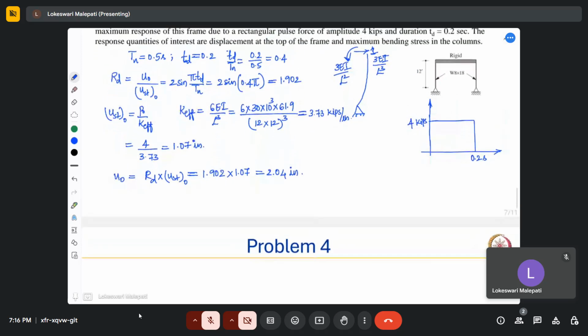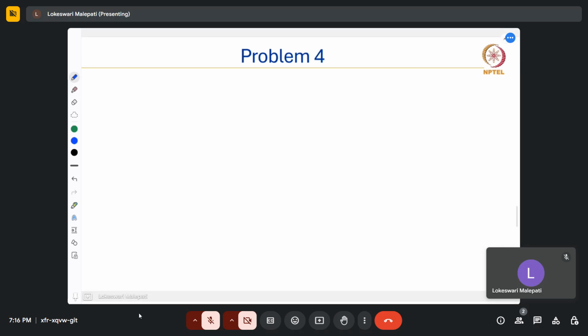Hence, the moment generated in the columns would be 3 multiplied by 30,000 multiplied by 61.9 divided by (12 multiplied by 12) the whole square, multiplied by 2.04.